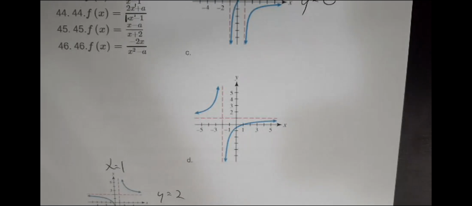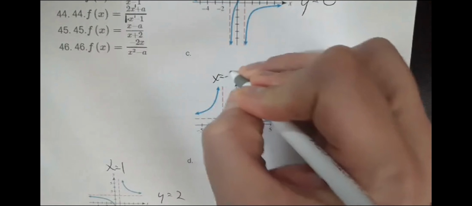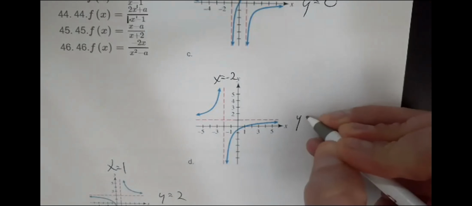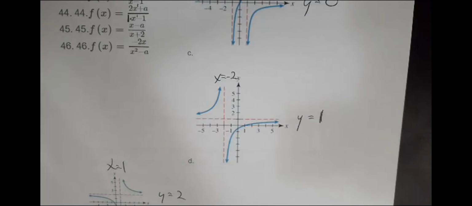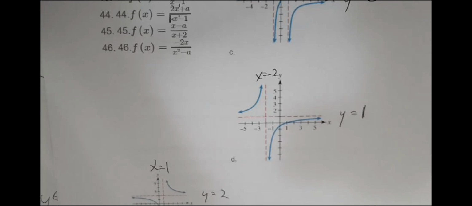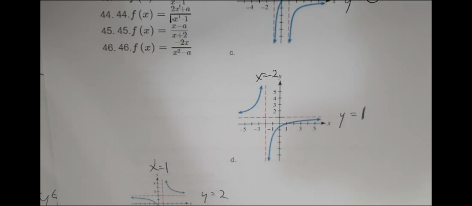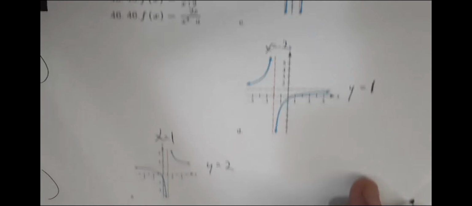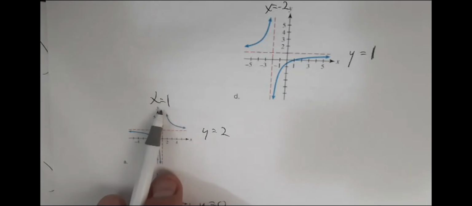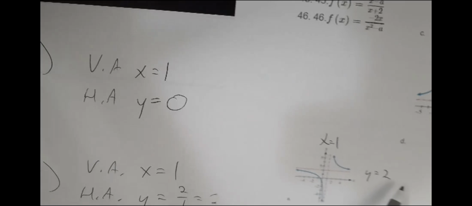But if we start labeling our asymptotes on the graph, I think that will get us what function matches which pretty quick. So I think right away, A is going to only match 44. I think that's the only one that has asymptotes at x equals 1 and y equals 2.